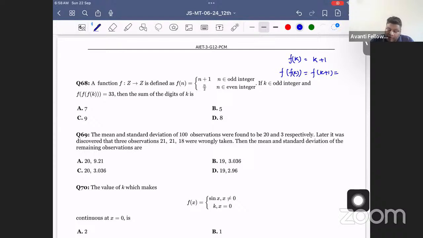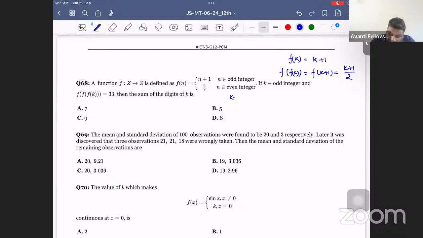Am I clear? Now, since k was odd, k plus 1 is even, so it will be k plus 1 upon 2. Now, the issue is we are not aware if k plus 1 by 2 is even or odd. Got it? So, we will make the cases.